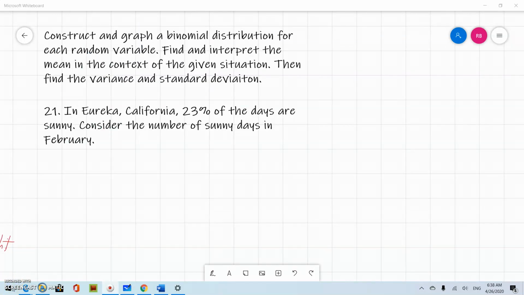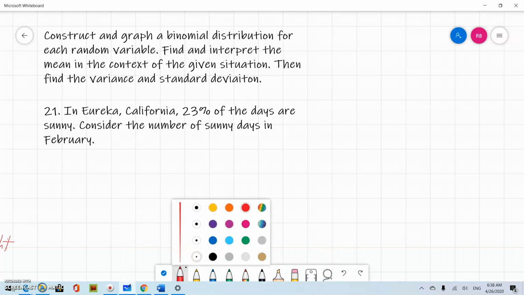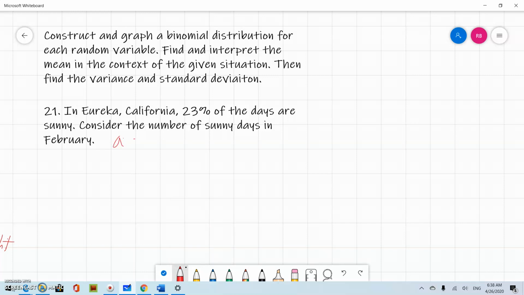All right, 21 and 23 is constructing a graph of the binomial distribution. So let's look at 21. 21 is actually longer because it's a month of the year. So we assume that this is not a leap year, because in a leap year, February would have a different number of days.